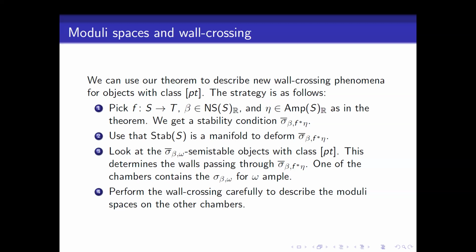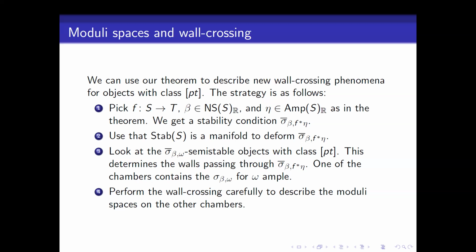So the stability manifold gets cut into pieces called chambers, in which it doesn't matter which stability condition you pick, the moduli space will look the same. And after you cross a wall, the moduli space may change and will look slightly different. You're parameterizing different objects. And understanding how exactly it changes is a really interesting question.